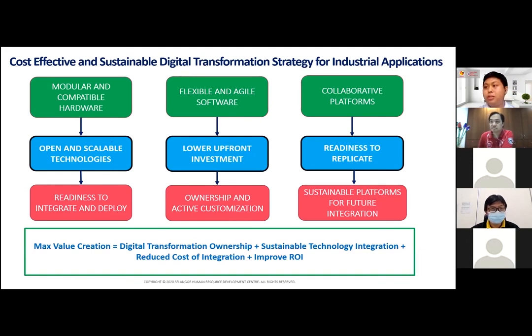The question is always whether you should build your own technologies in your current industry. And we always say that that is actually possible, right? So when you have digital transformation ownership, you have sustainable technology integration. What happens next is you actually reduce your cost of integration and improve your ROI very, very effectively, right?